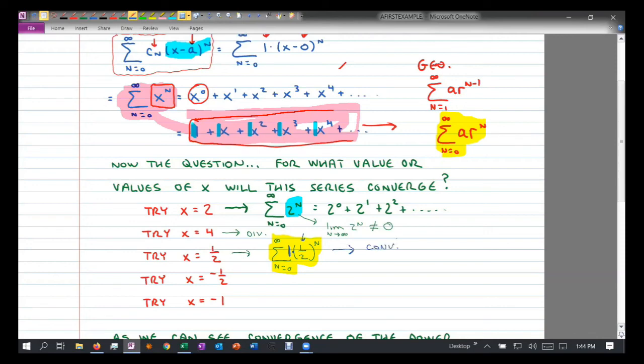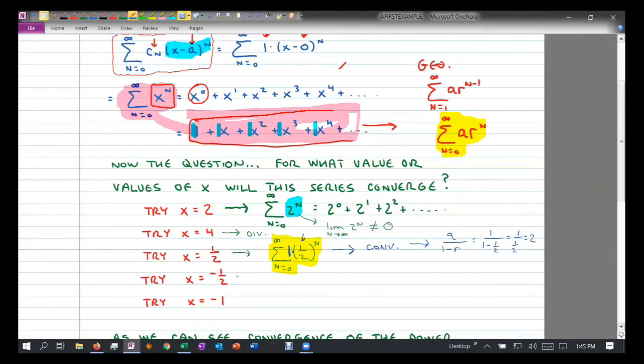Not only do we know it converges, we know what it converges to. What does it converge to? a over 1 minus r, right? Which would be 1 over 1 minus a half, which would be 1 over a half, which is 2. Yes? Okay.